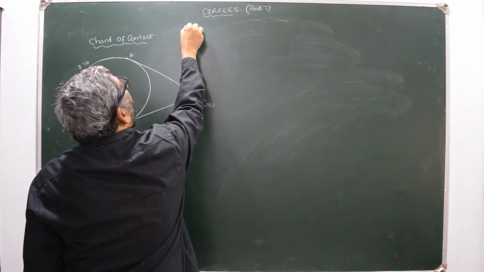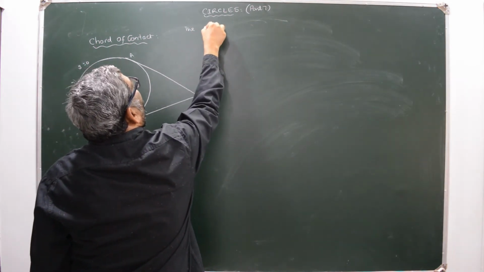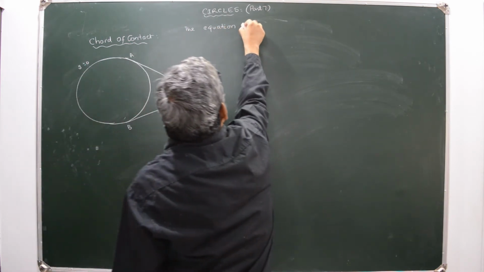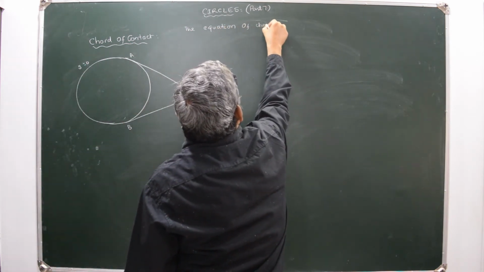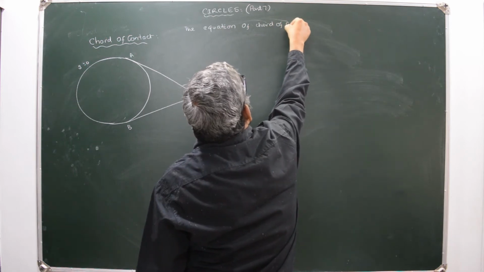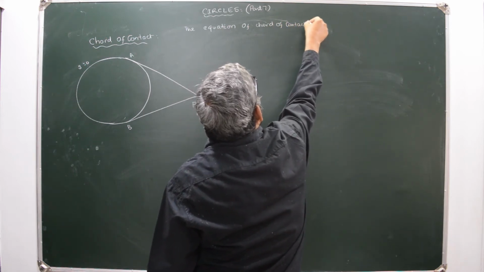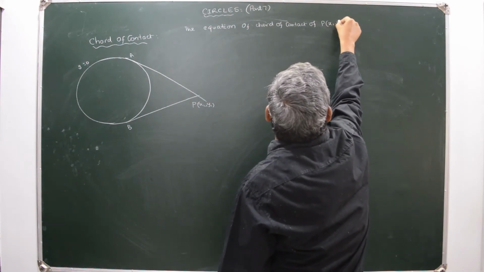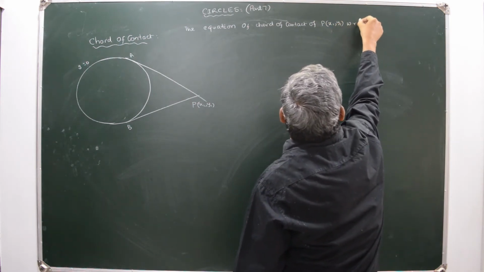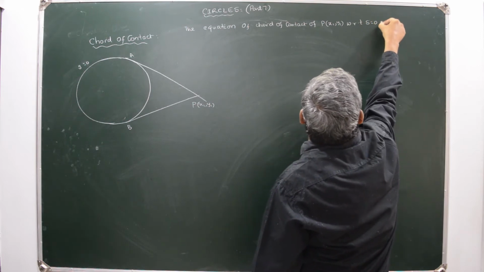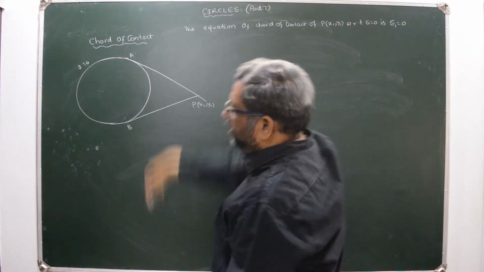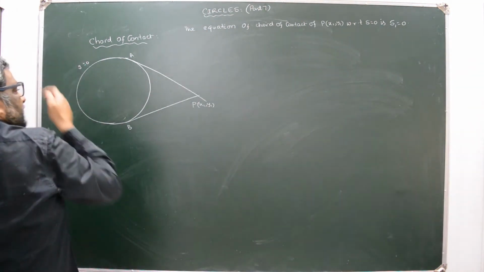The equation of the chord of contact of P(x1, y1) with respect to S = 0 is S1 = 0.